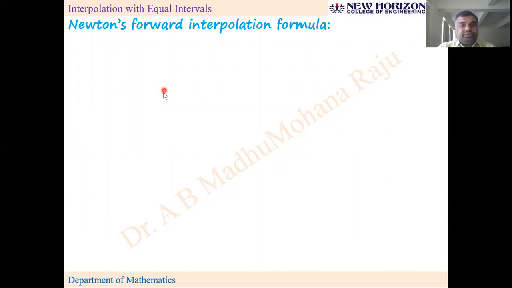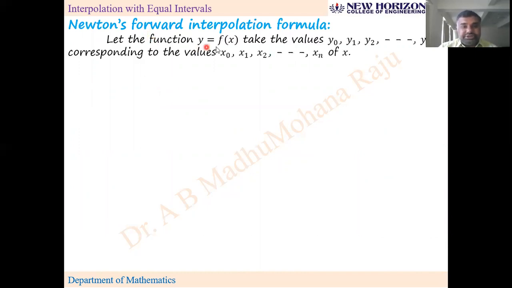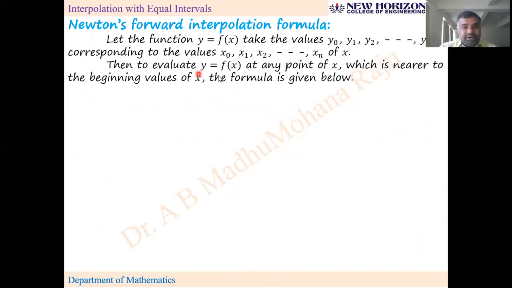Then Newton's forward interpolation formula. By using forward differences, let the function y equal to f of x take the values y0, y1, y2, and so on, yn, corresponding to the values x0, x1, x2, and so on, xn of x. Then to evaluate y equal to f of x at any point x which is near the beginning values of x, the formula is given below.